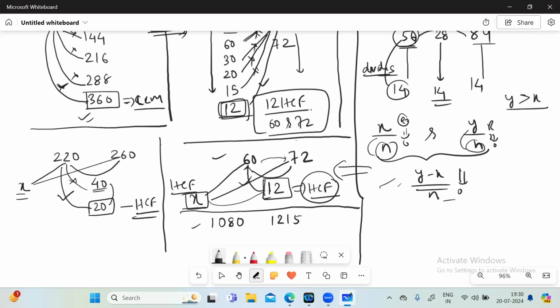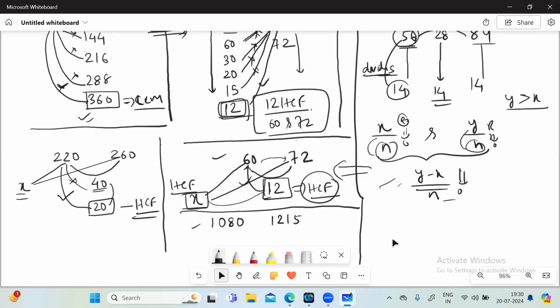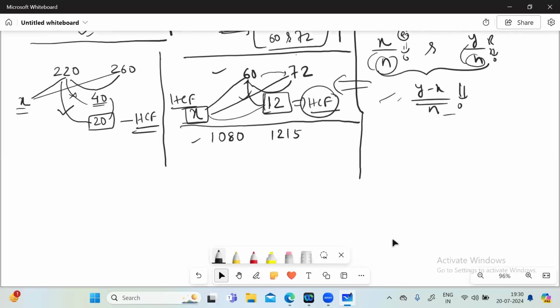If these two numbers are there, and you are being asked to calculate the HCF of these two numbers. In any other way, if you write the factors of 1080 and 1215, it will be a very difficult job.